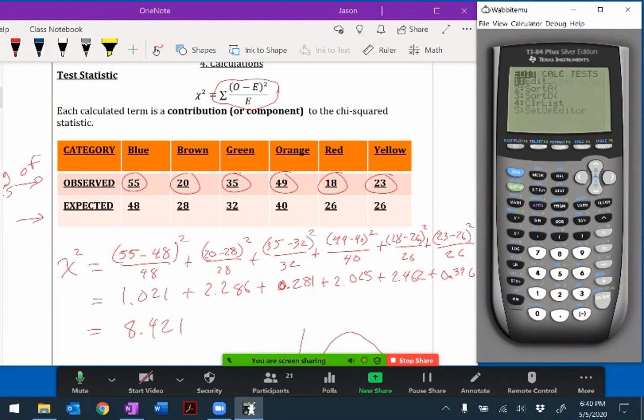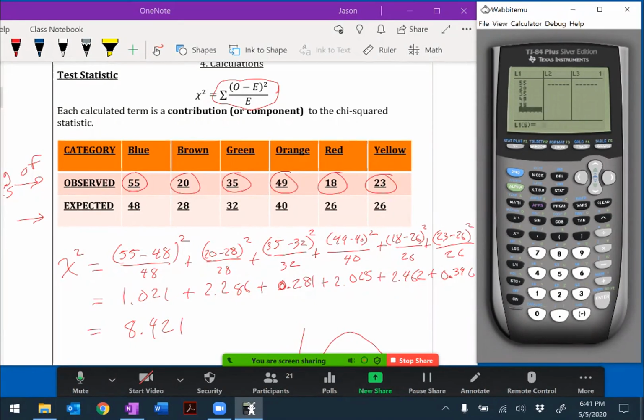The first is the observed: 55, 20, 35, 49, 18, and 23. My expected is 48, 28, 32, 40, 26, and 26.